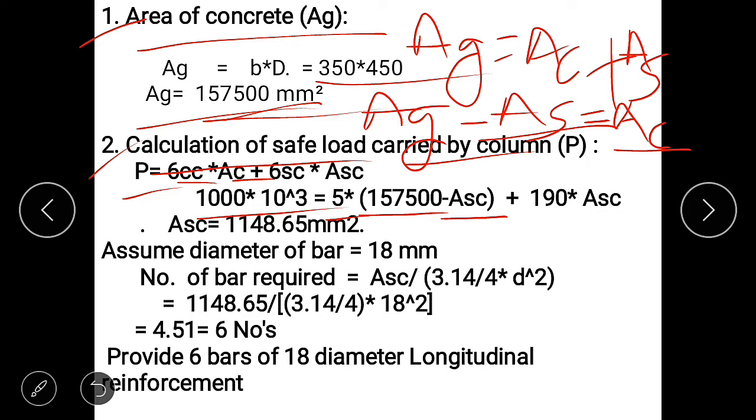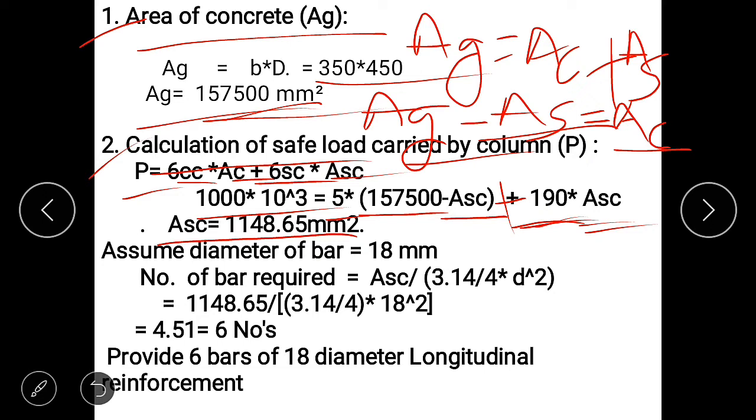Sigma SC is 190 for Fe415, the direct stress in column bars. We have to find ASC. By solving this equation we get ASC as 1148.65 mm square.